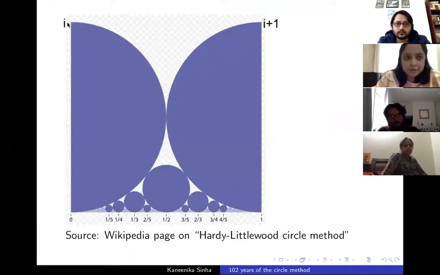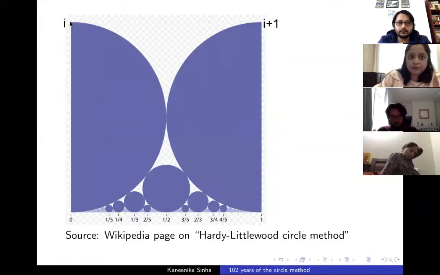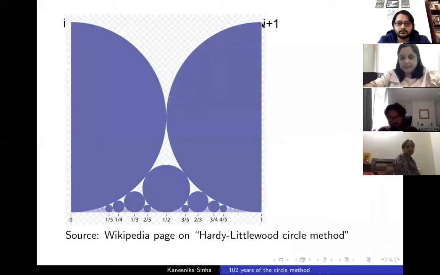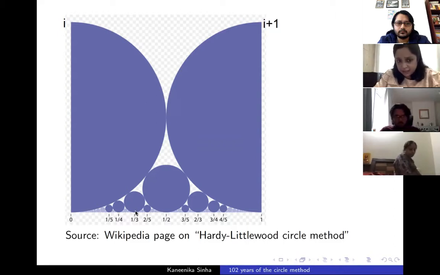You have to integrate a function on the contour, on the straight line between i and i plus 1. Because the function is analytic in the upper half plane, we are able to convert this contour from i to i plus 1 into a different contour that goes from i to i plus 1 in a different way. First, there are these Ford circles, which are circles in the upper half plane that are tangential at rational points.